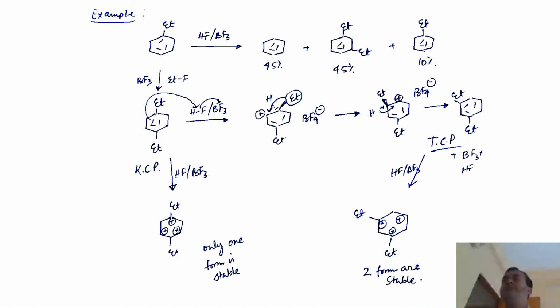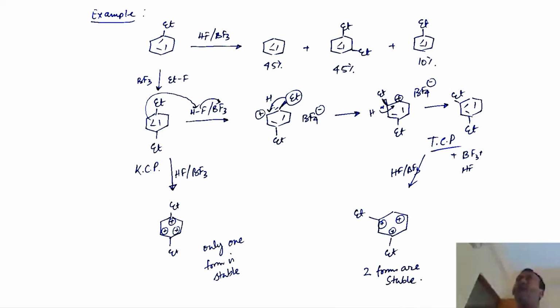This is your kinetically controlled product. Now what happened? You have this HF and BF3, and then again it forms, let's say, this cationic charge, and then your ethyl migration happens, and after that you form this meta product.